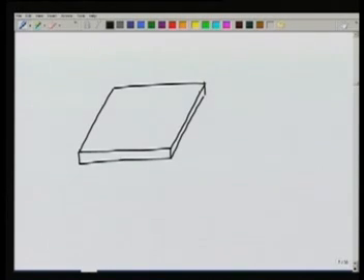If this is my length a, this is my width b, and this dimension here is t, then we'll say that t by b, t by a is much smaller than 1.